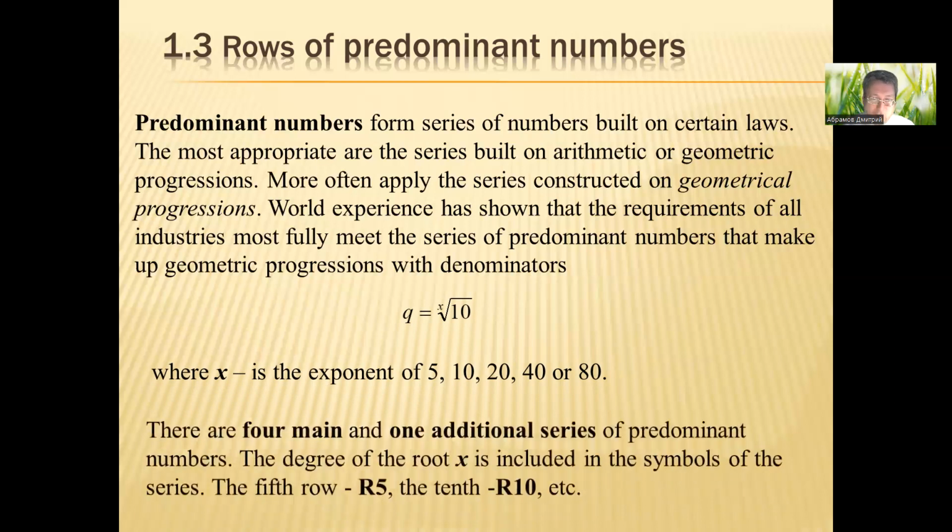There are 4 main and 1 additional series of predominant numbers. The degree of the root x is included in the symbols of the series. The 5th row R5, the 10th R10, etc.